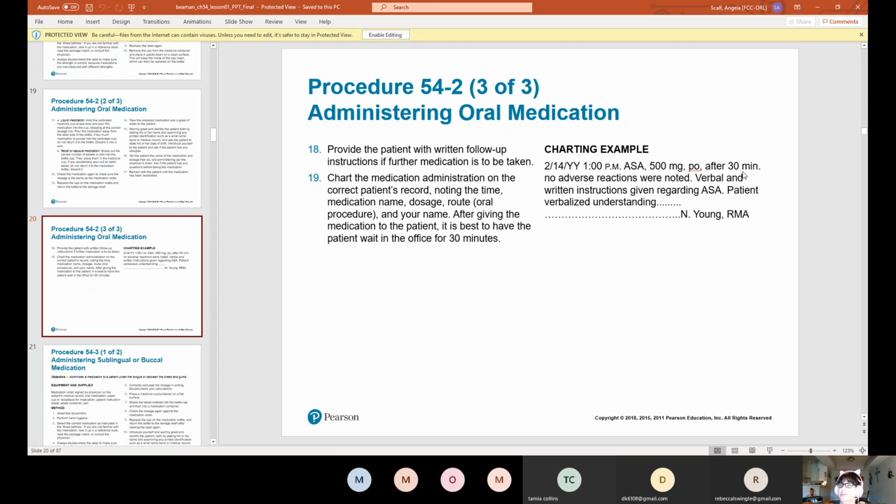And she waited 30 minutes to see if there was a reaction. None were noted. And then she gave the patient instructions and information about aspirin and made sure that the patient understood the instructions about it. And so that's how all notes should be. They should be very clear, very precise.